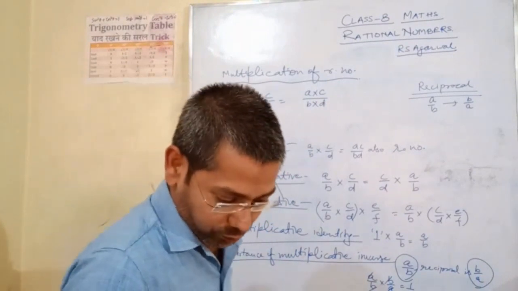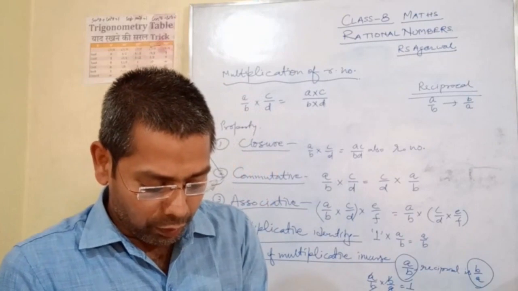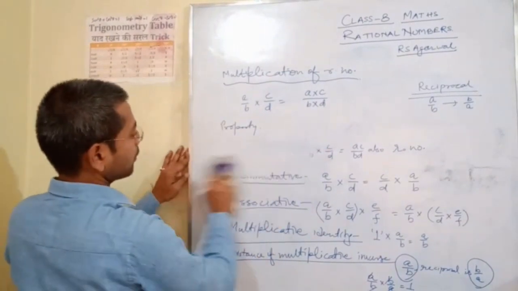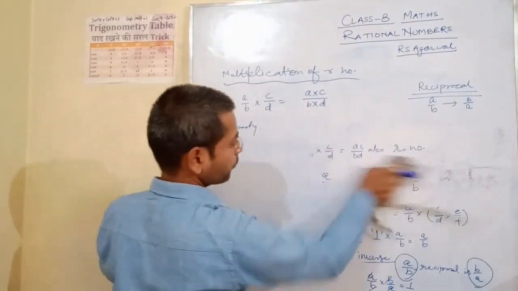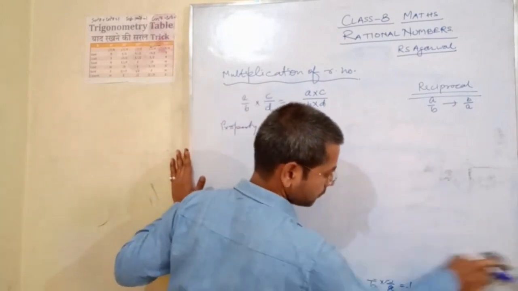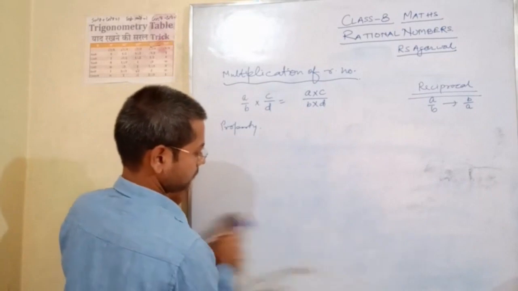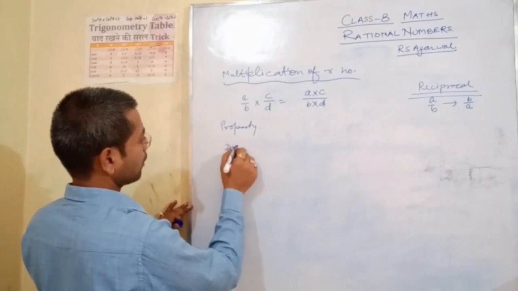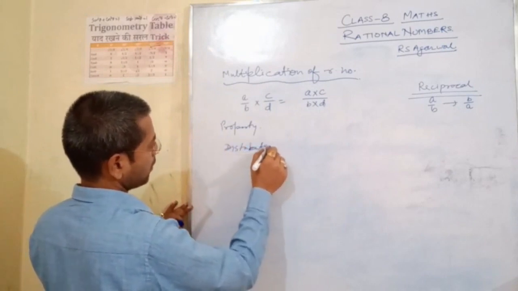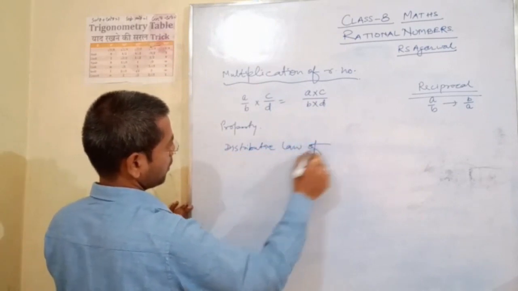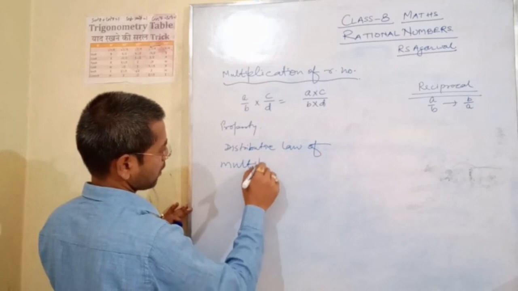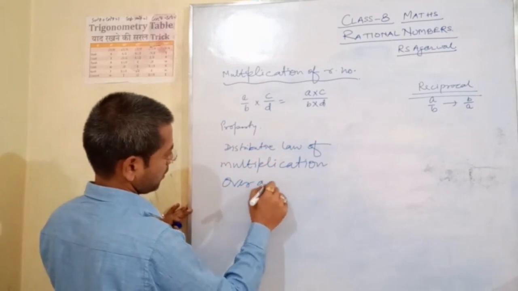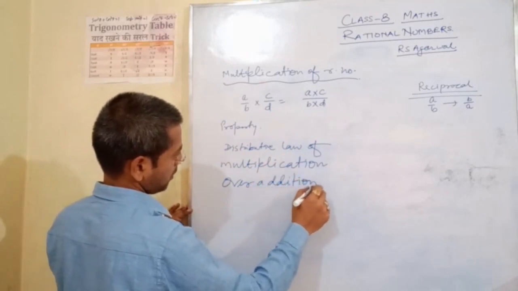Now comes the distributive law of multiplication over addition.